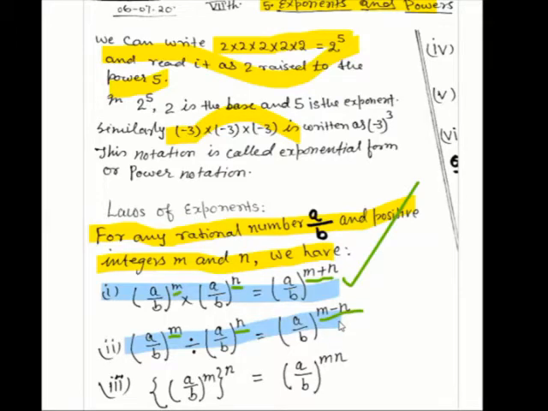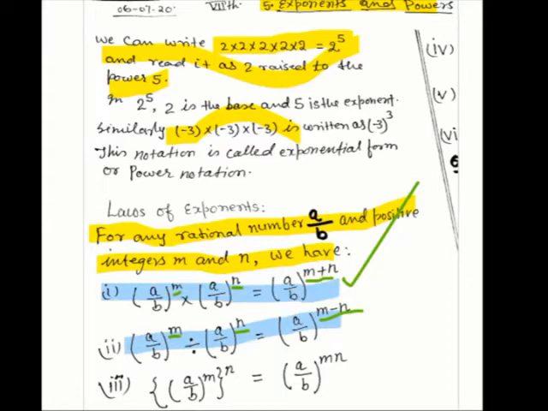As given, a upon b to the power m divided by a upon b to the power n equals a upon b whole power m minus n.